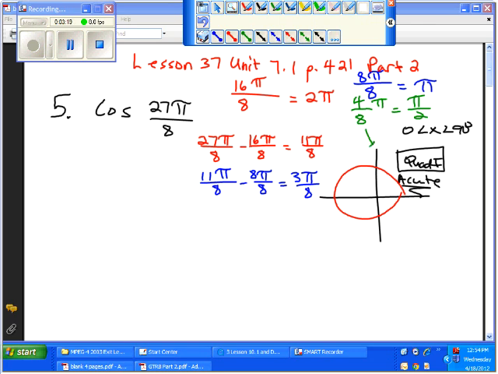So if I could take out a 4 pi over 8, I'd take it out too, so I end up in quadrant 1. But I can't do that, so I took out a whole circle, I took out a half a circle, and I got down to something in quadrant 1. So we're going to write it as cosine of 3 pi over 8.